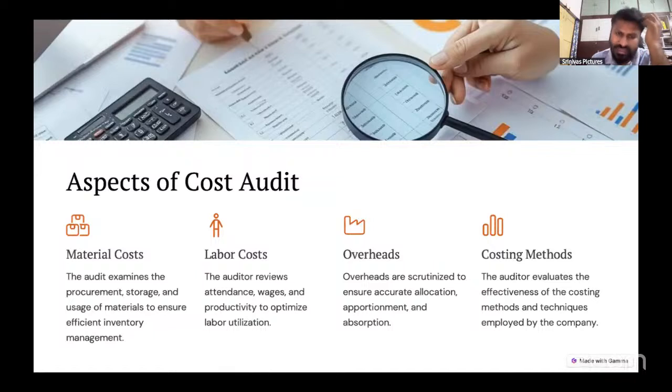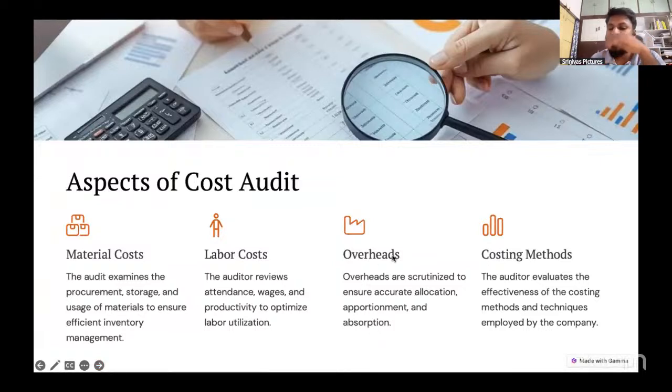For labor cost, the auditor reviews the attendance of the laborers, the payment of wages, and productivity to optimize labor utilization. And overheads are scrutinized to ensure accurate allocation, apportionment and absorption of the overheads.